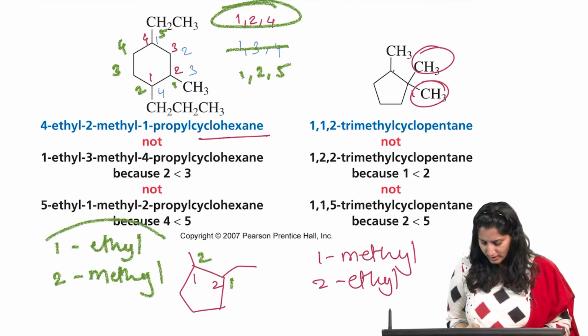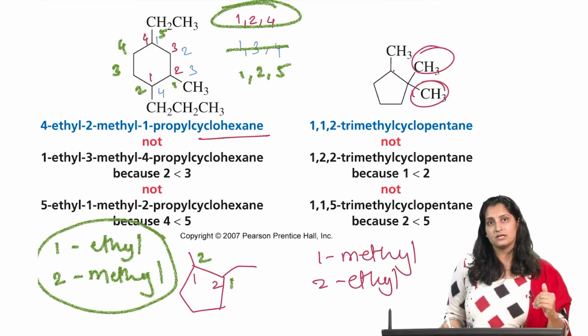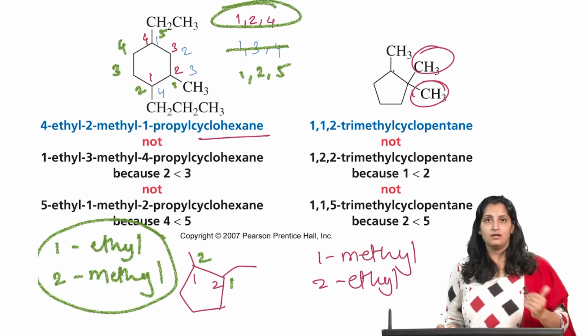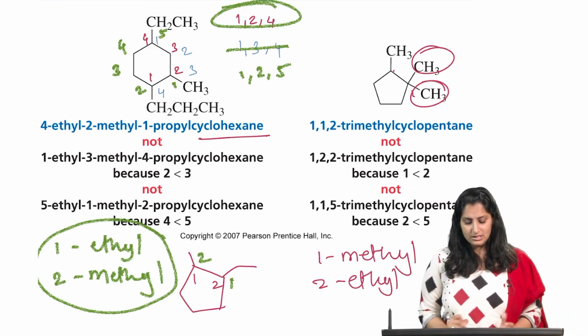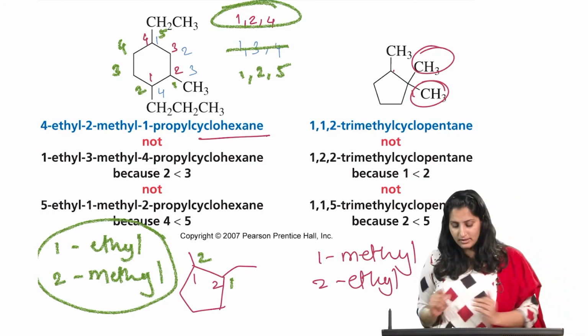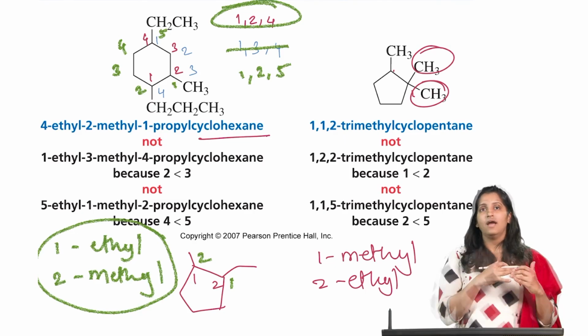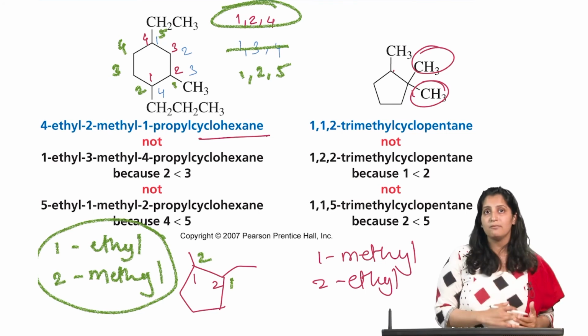Then I will choose the one in green because that will give me the alphabetically first substituent, that is ethyl, a lower number than methyl. Okay. So, when there is a clash such that this numbering system also gives me 1 and 2, the other one also gives me 1 and 2, I go alphabetically and give priority, having the lowest possible number assigned to a substituent that goes alphabetically first.